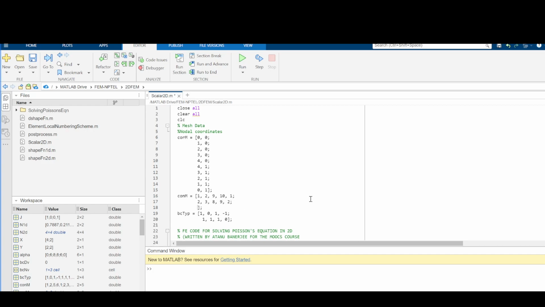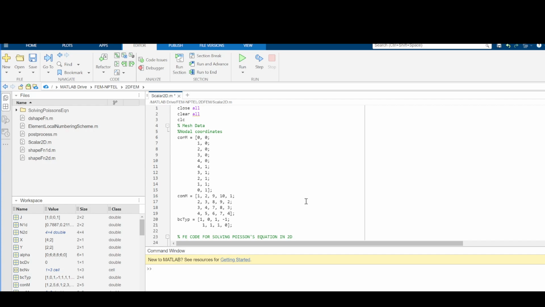Then we have 3, 4, 7, 8. Then we have 4, 5, 6, 7. So these are our four elements.